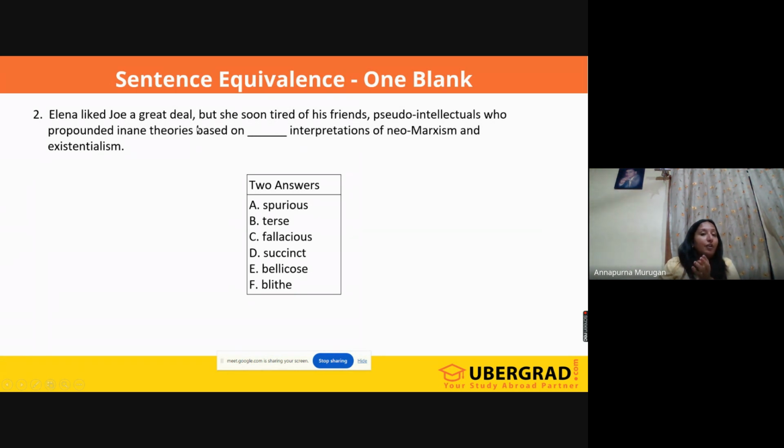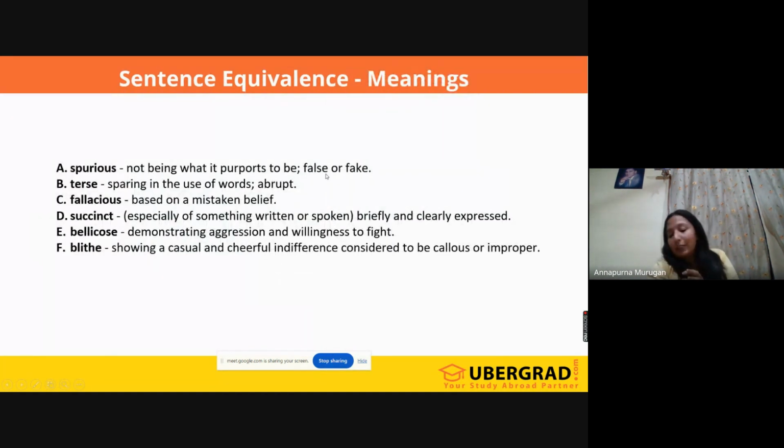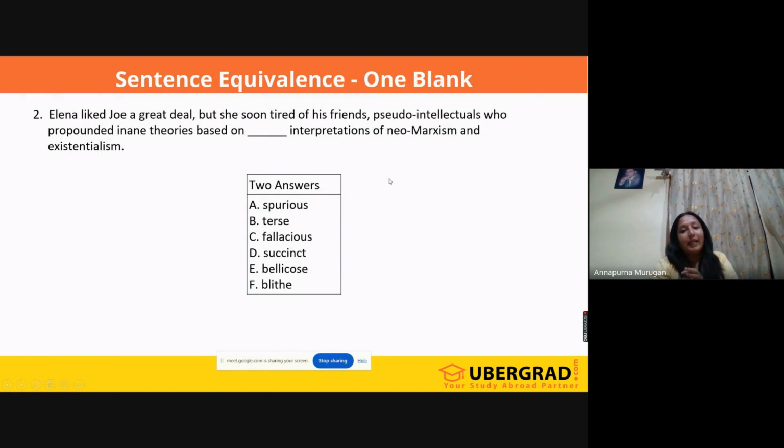Okay. So now, they were pseudo-intellectuals. That means they were not intellectuals. And in fact, if they were not intellectuals, even their interpretations will be pseudo only, isn't it? So their thinking, everything will be false only, right? So therefore, their silly theories were based on what?